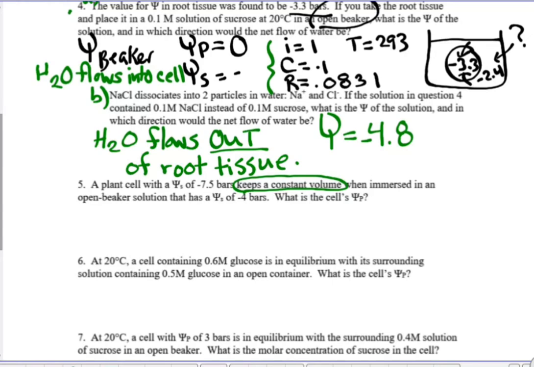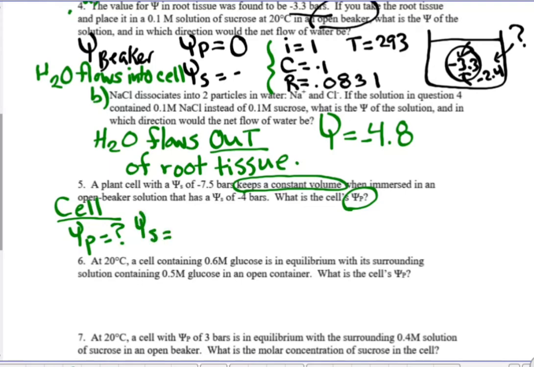Still, even when you know you need to do that, it's important to take inventory of what's been given to you and what you need to find. This particular problem is a little bit easier. There's no extra solving to do. For my cell, what's unknown is my pressure potential. I know that it's unknown because that's what the question is asking for. My solute potential for the cell has been given to me.